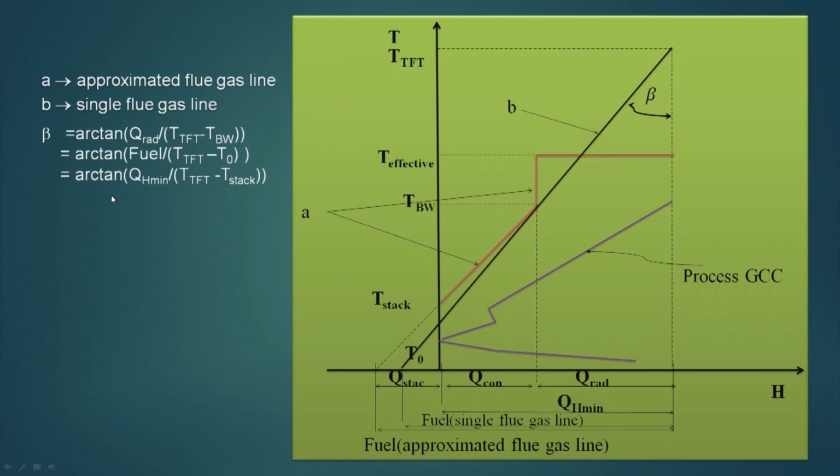Similarly, this beta is also equal to arc tan Q h minimum divided by T f t minus T stack. So, this is the stack temperature. Now, this distance from here to this point is T f t minus T stack, and this whole distance is basically Q h minimum. So, these relationships we can write down.